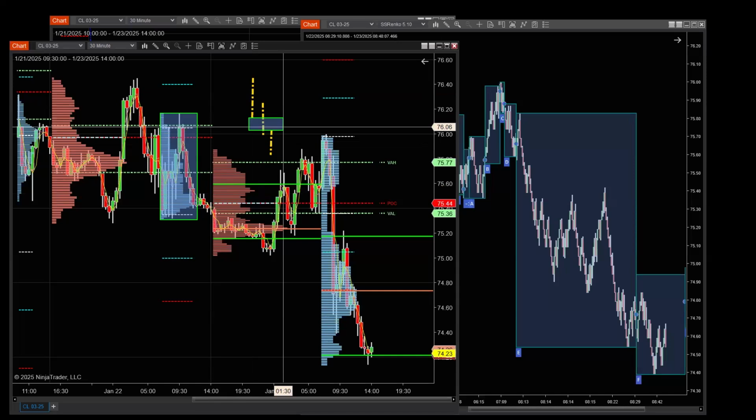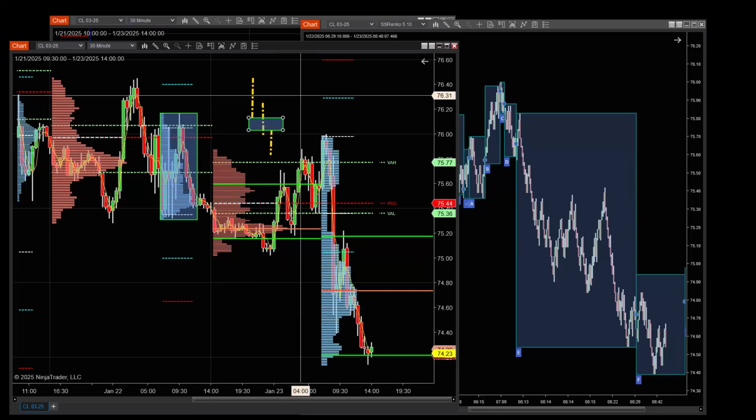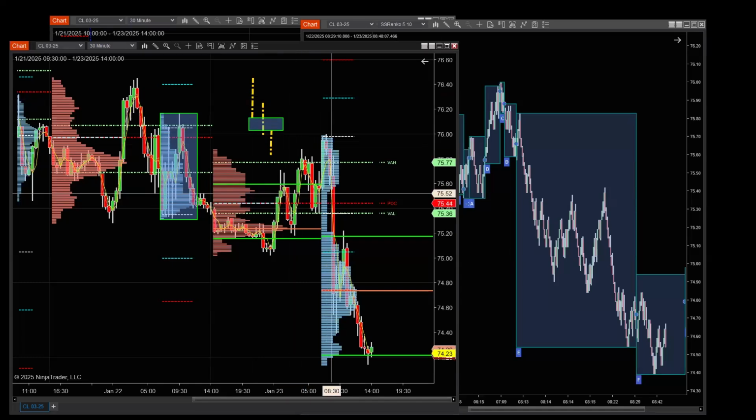Now, the cool thing about anomalies is that the market doesn't like leaving them there. What's another name for that in auction market theory parlance is called a single print. So on the profile right here, you see that's a single print. It's the narrowest point right in there, and just that bar is there all by itself. Now, I've learned all kinds of interesting things about how the bars distribute, but generally speaking, I expect on any given day, about 80% of the time or better, that this is going to get closed up.